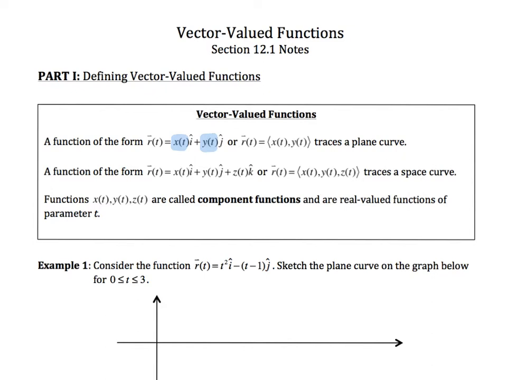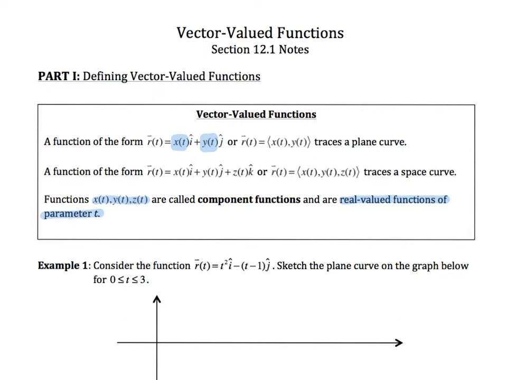So that's what this means down here when it talks about the component functions and it says x, y, and z are called component functions and are real valued functions of the parameter t, okay? Right, so basically each of the components of your vectors are a set of parametric equations, right?